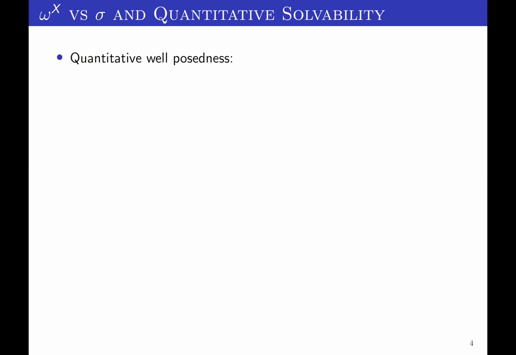So why do you care about harmonic measure? Because you care about quantitative well-posedness. So the idea is that if you're trying to solve this boundary value problem, u equals f on the boundary, u is harmonic in the interior, you want small changes in the L^p norm of f to result in small changes in the L^p norm of u_f. When p equals infinity, this follows from the maximum principle. But when p is not infinity, this is actually quite difficult.